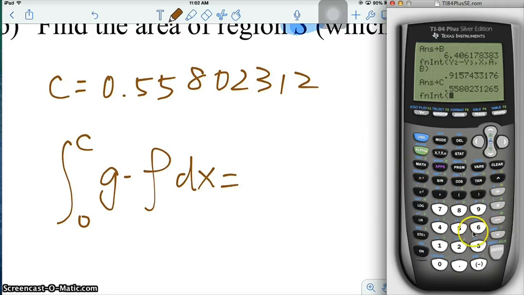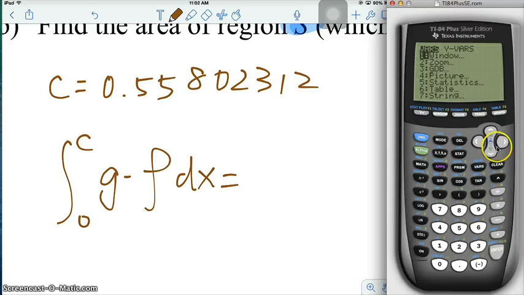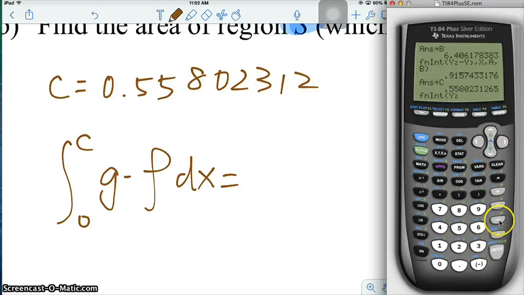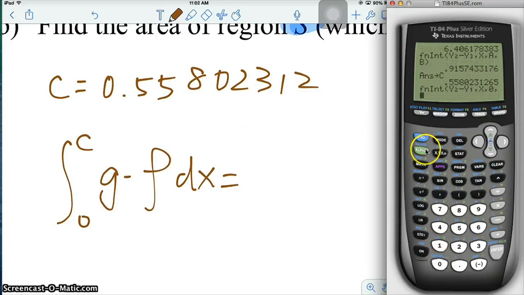Now I am going to shortcut a little bit. Go to the function button: G minus F. G is Y2 minus F, which is Y1. Then comma, and we have x as our variable, then our lower limit is 0 and our upper limit is our letter C. Close parenthesis and push enter.